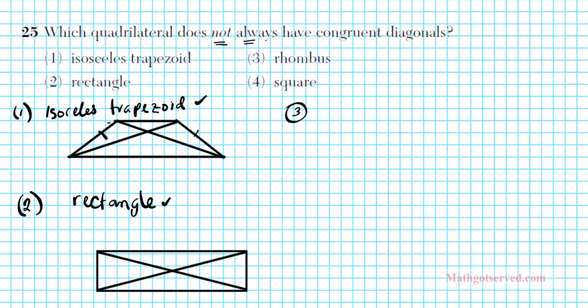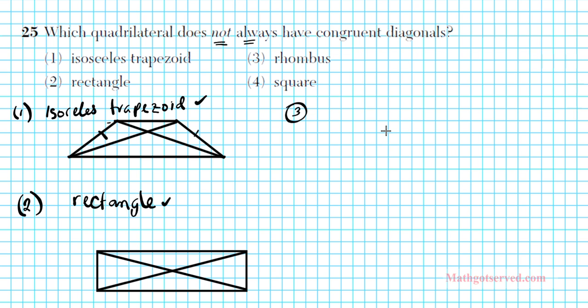3, rhombus. Rhombus just requires that the four sides of the quadrilateral be congruent, right? So the question is, can we draw a rhombus in such a way that the diagonals are not congruent?